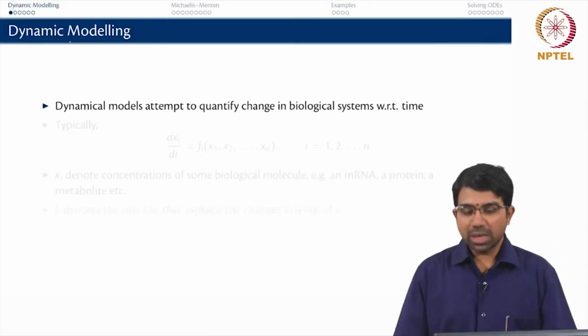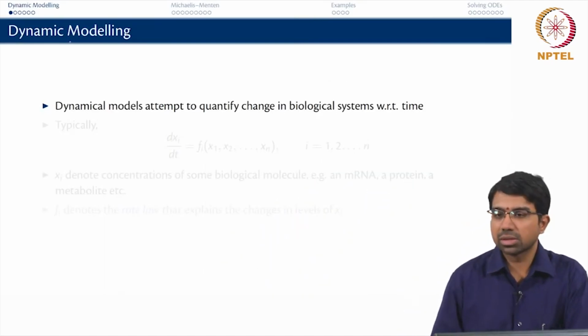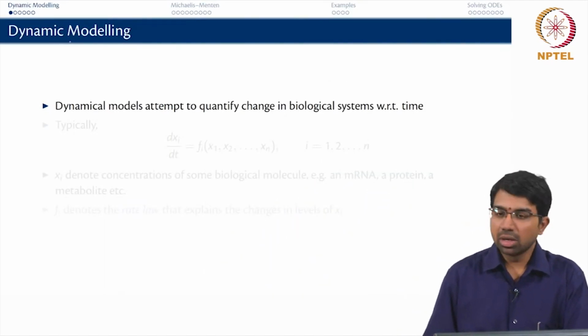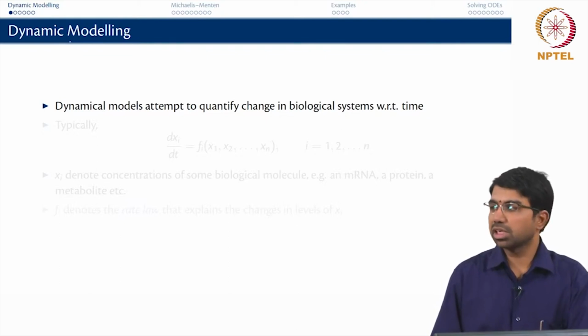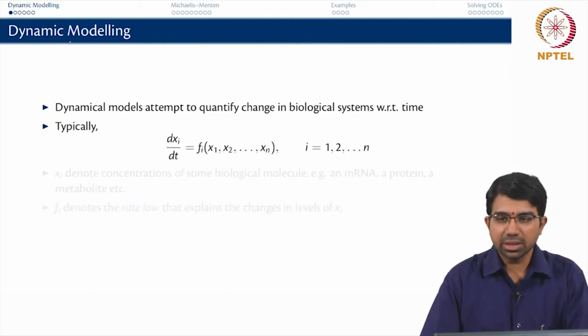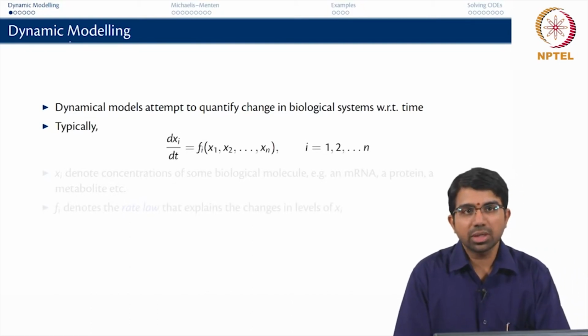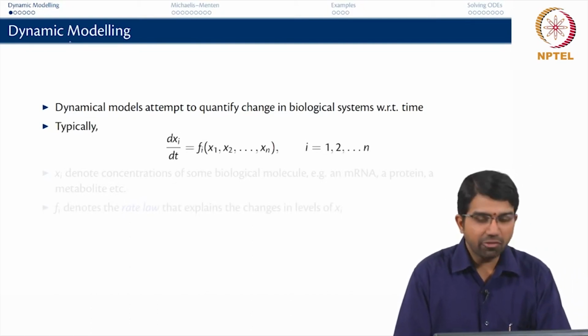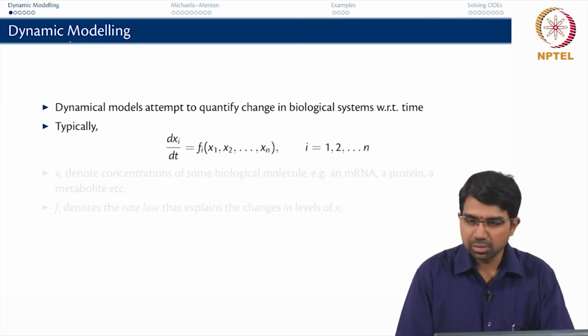Dynamic modeling basically involves quantifying how biological systems change with respect to time. So, there is invariably some dx by dt in these models, and this is usually written as some function of the various concentrations or species or various parameters in the system.